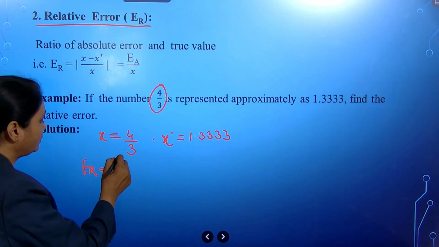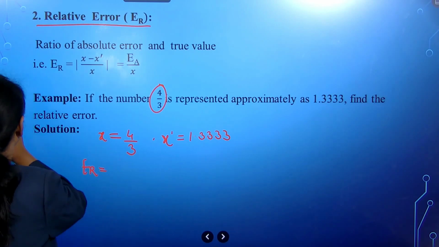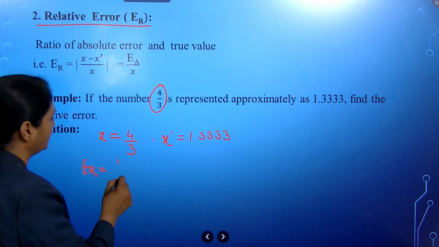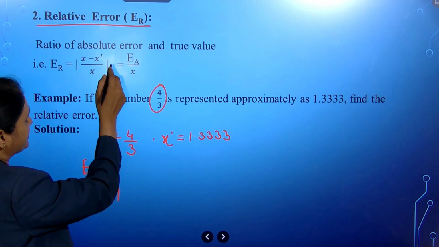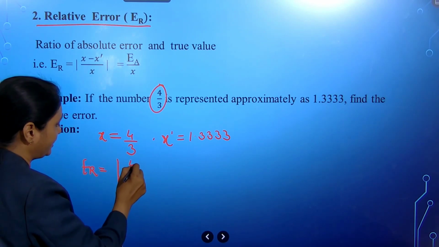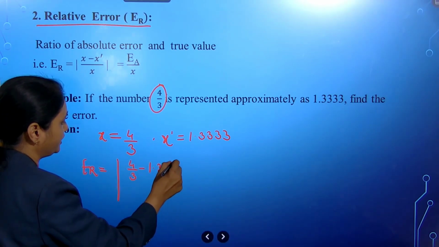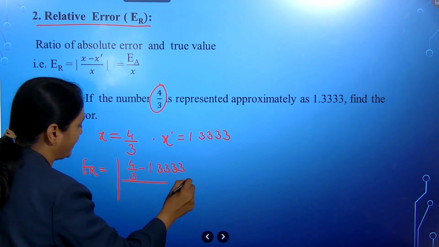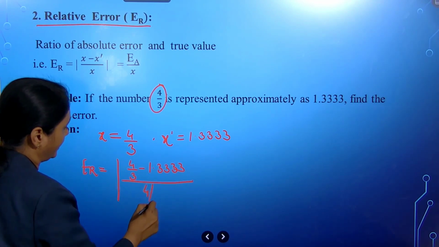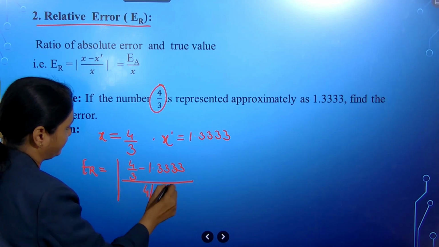So ER is equal to mod of x minus x dash upon x. So 4 by 3 minus 1.3333 divided by 4 by 3.